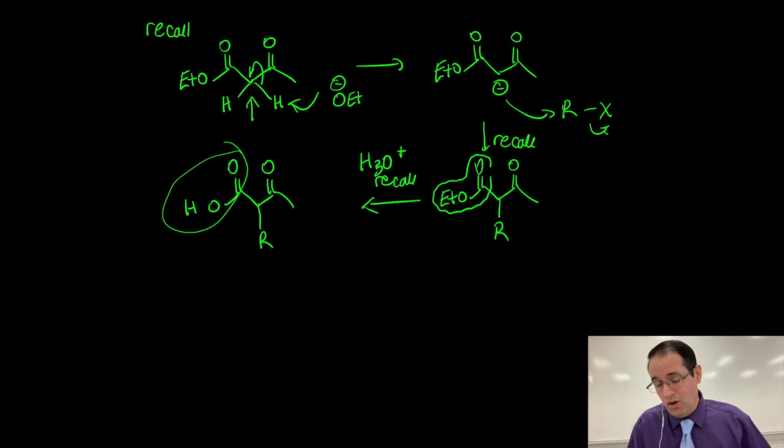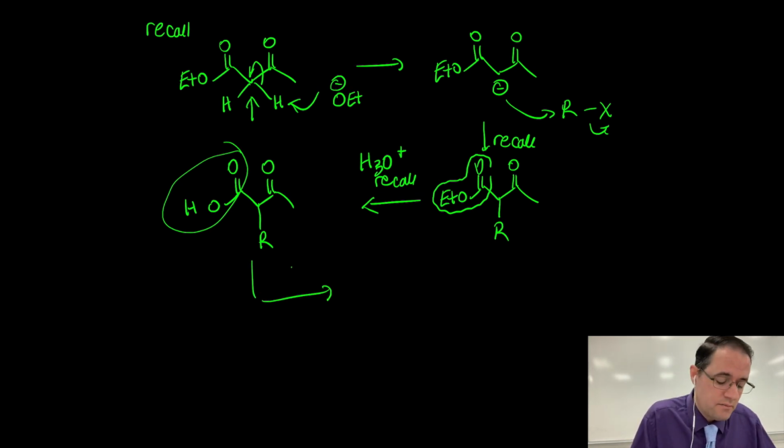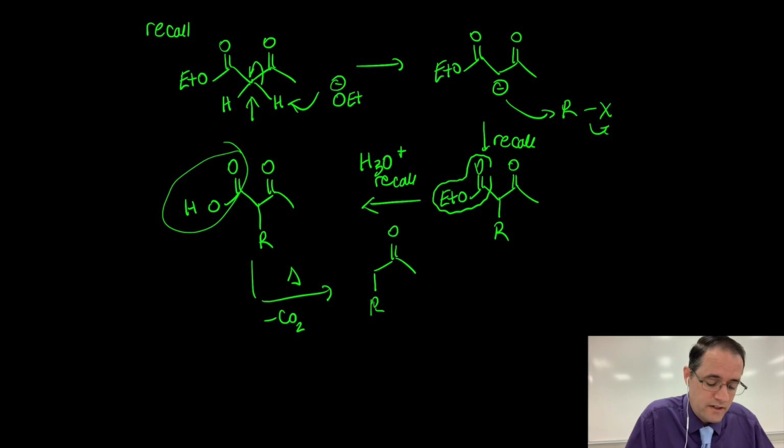And then recall that carboxylic acids at the 3 position relative to an ester or a ketone or whatever are going to decompose. So if we add heat to this, this forms with loss of CO2, it gives you the final ketone. Okay, the final ketone.